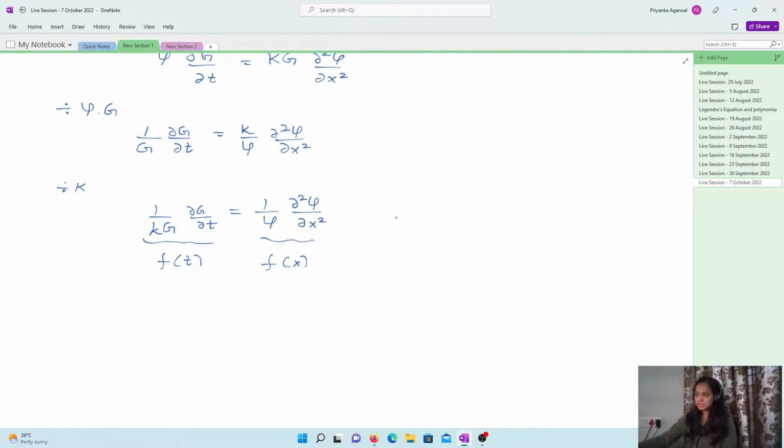So we can write it as some constant, let's say minus lambda, where this is called the separation constant and this is going to be some arbitrary constant.